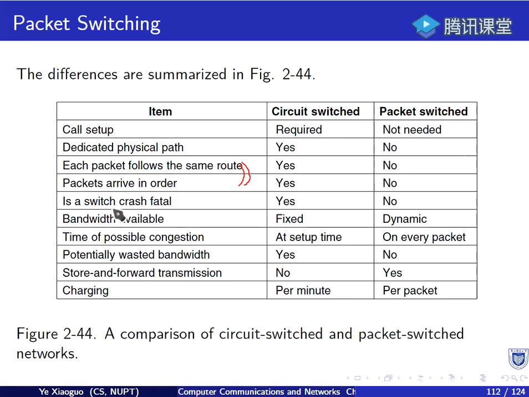For circuit switching, we use the dedicated physical path. So the bandwidth available of the path is also fixed, but the resources will be wasted if the channel is idle.